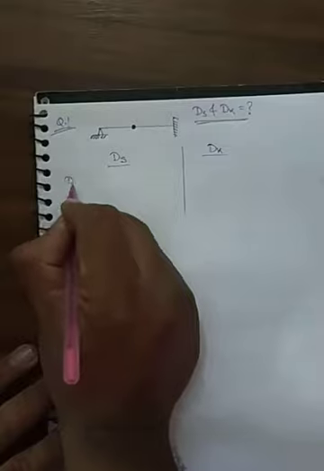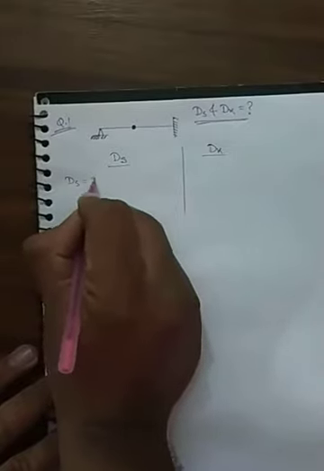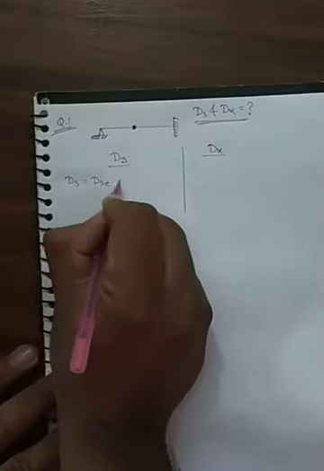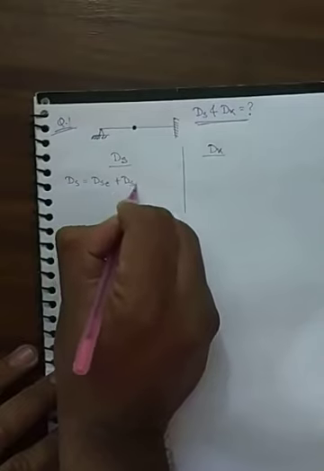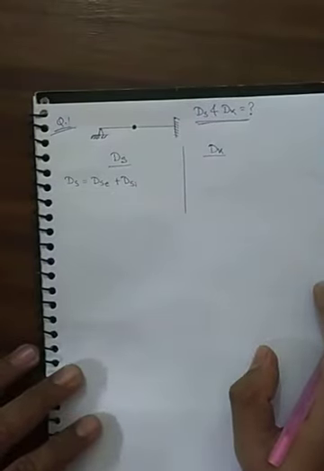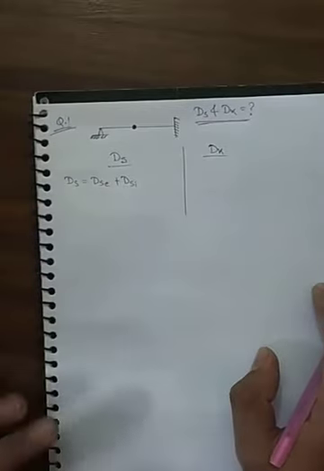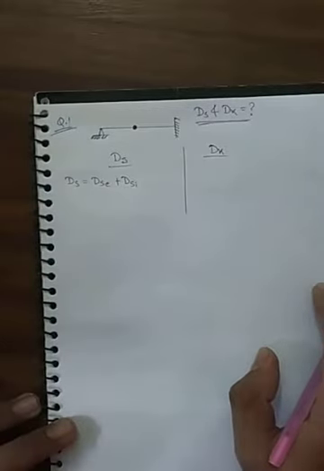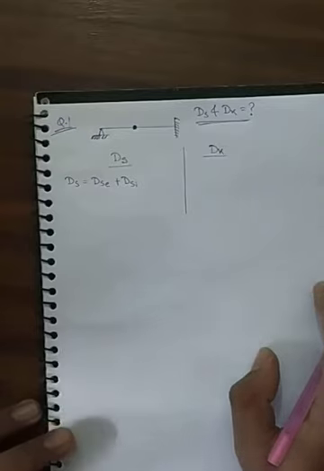We all know that our ds value is dse plus dsi. That means static indeterminacy is the summation of static indeterminacy for external plus internal static indeterminacy.